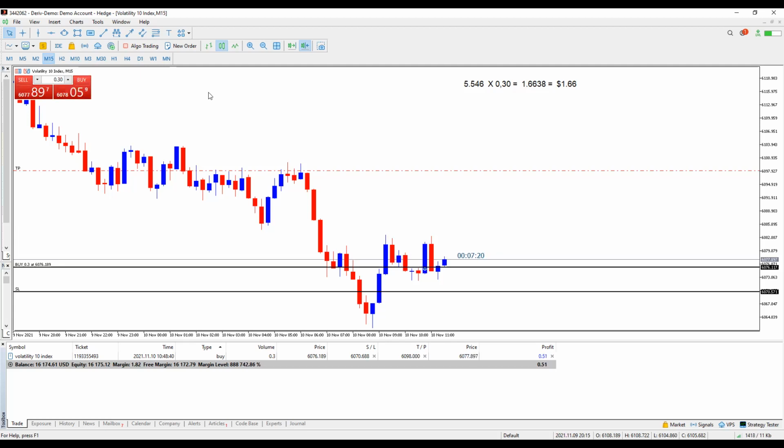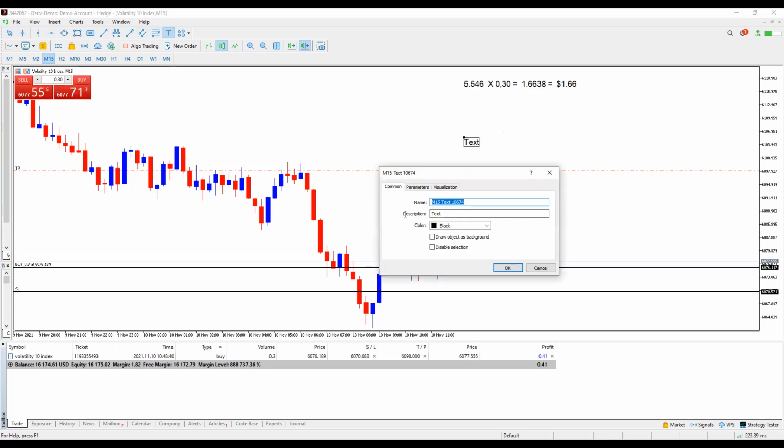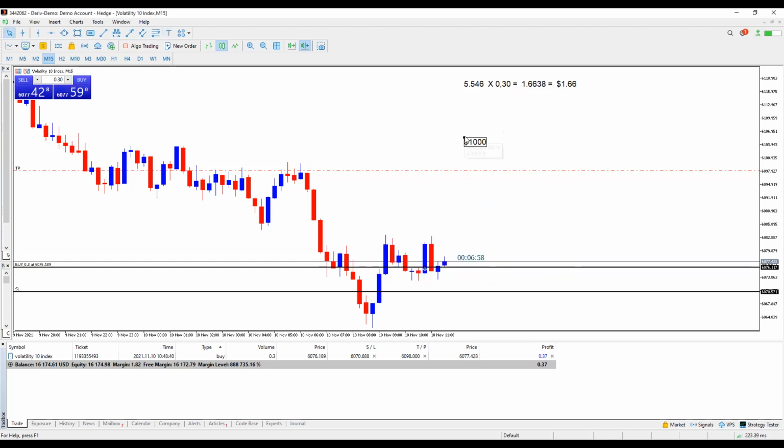Once you understand that, you are then able to calculate whatever you want to calculate. So let's assume you have an account balance of 1,000. Remember what I said: before you take a trade, you must know what you're willing to lose in your account.